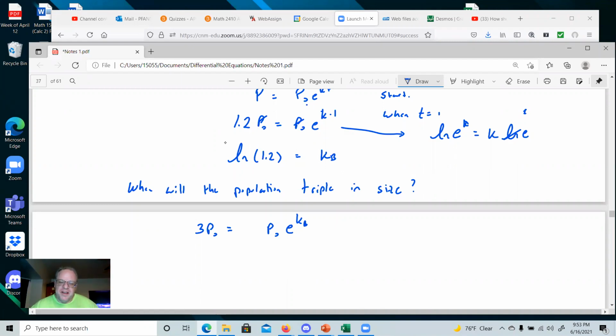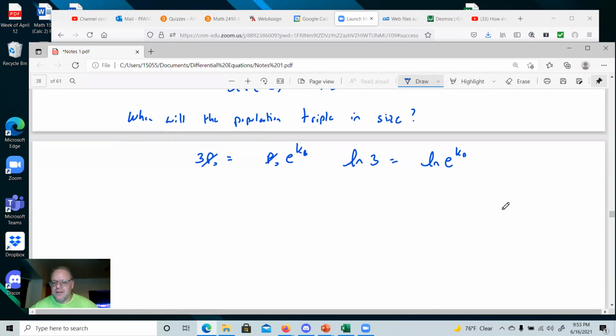So when will the population triple in size? We replace the population with 3 times the initial, and then we're just going to go ahead and solve this. So we have the natural log of 3 is equal to the natural log of e to the growth constant for the bunnies, times t. Oh, there's a t here.